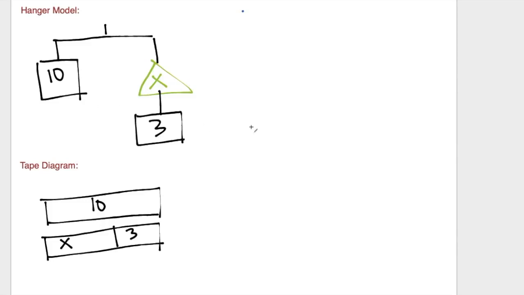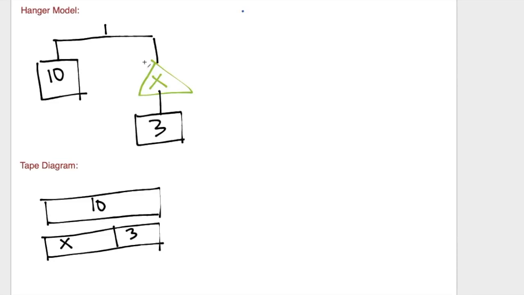So if you notice, this is the same problem as our scale problem. We have x and 3 on one side and we have 10 on the other. Do you think it matters that one's on the right side this time? The x and the 3 are on the right side this time and not on the left side? Yeah, it doesn't matter, right? Because as long as both sides are equal, it doesn't matter where I put one group versus the other.